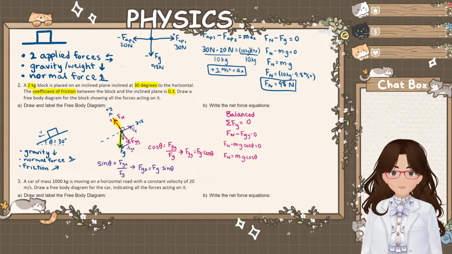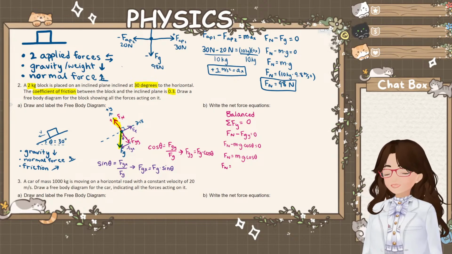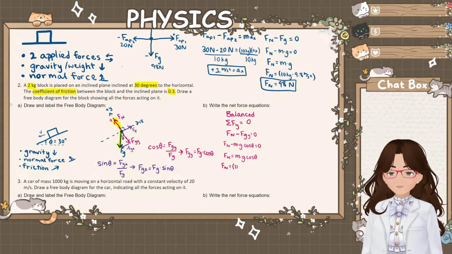Okay, so when we go ahead and solve for this, we're going to get that the normal force is equal to M, which is 2 kilograms, times G, 9.8 meters per second squared, times cosine of theta. And in this case, cosine of theta is going to be cosine of 30 degrees.